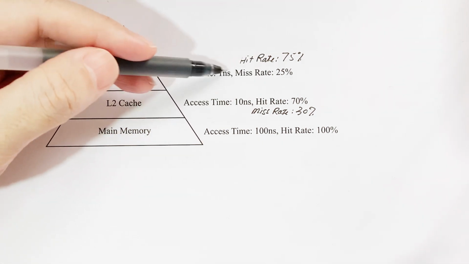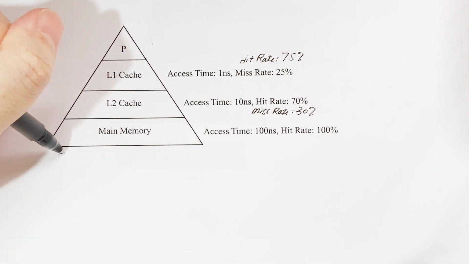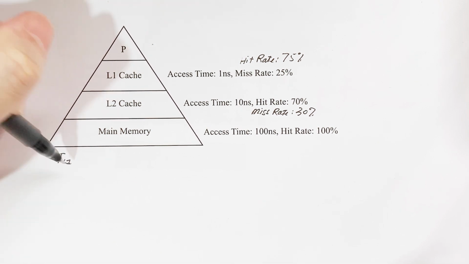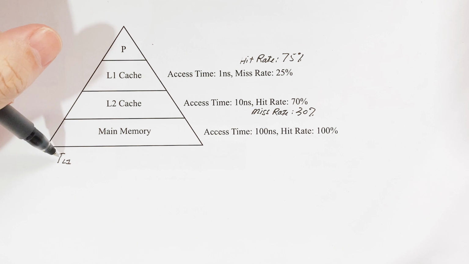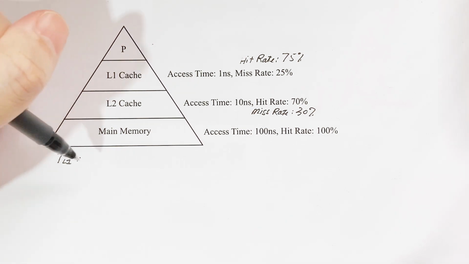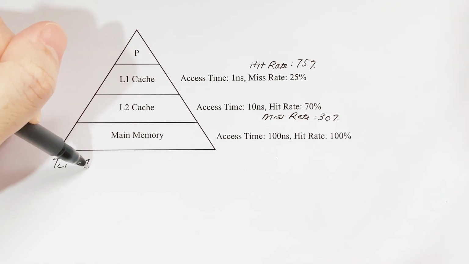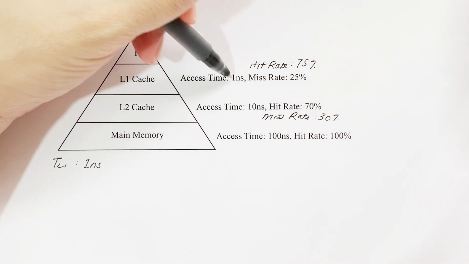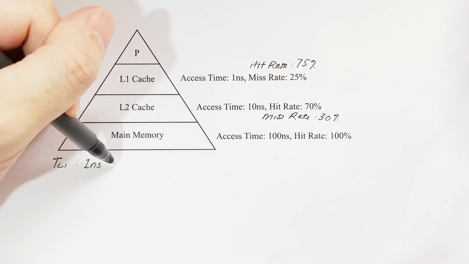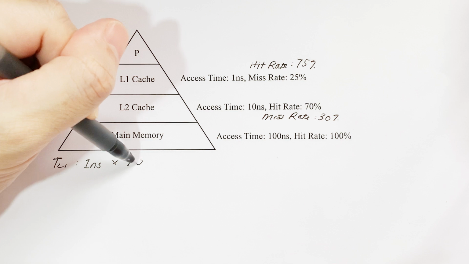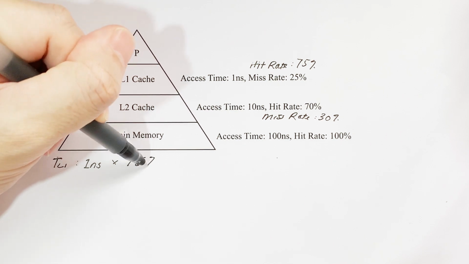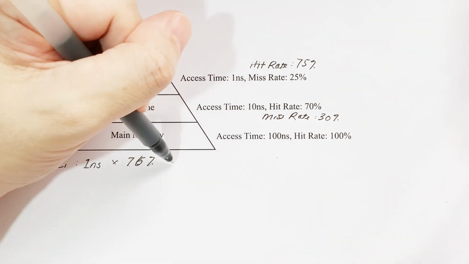So for example, for the level 1 cache, the time that is required to get data from the level 1 cache would be 1 nanosecond, which is the access time of the L1 cache, multiplied by the 75% hit rate.